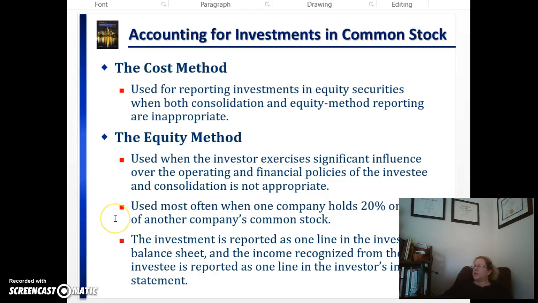It's used most often when one company holds 20% or more of another company's common stock. The investment is reported as one line in the investor's balance sheet, and the income recognized from the investee is reported as one line in the investor's income statement.